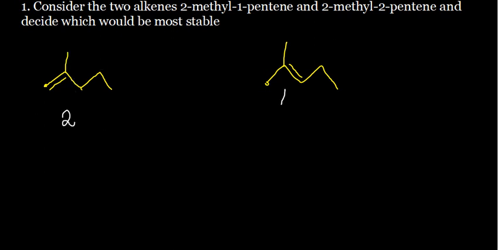If we consider where the double bond is at this point, we have this group and this group, which are directly linked to the double bond, so we have 3 alkyl groups. Where you have 3 alkyl groups, we expect it to be more stable than 2 alkyl groups. So it is a tri-substituted alkene. So it is more stable than a di-substituted.